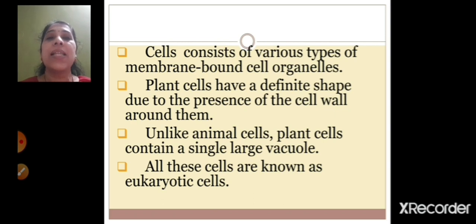So these are the cell organelles. Also they contain vacuoles, but small vacuoles are present in the animal cell, and the plant cell contains only one single large vacuole. And all these cells are called eukaryotic cells because they contain a nucleus, right?